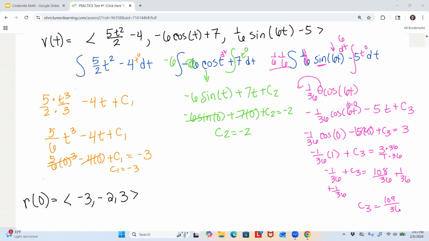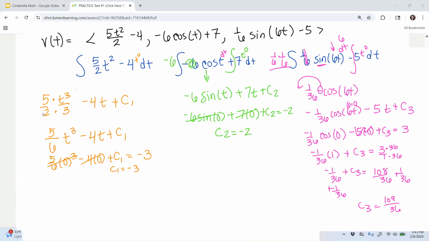So now the final question was give this the R function, the position function. So we integrated twice to get back to that. So your final result here is R of t. The orange answer, which was 5/6 t cubed minus 4t minus 3.